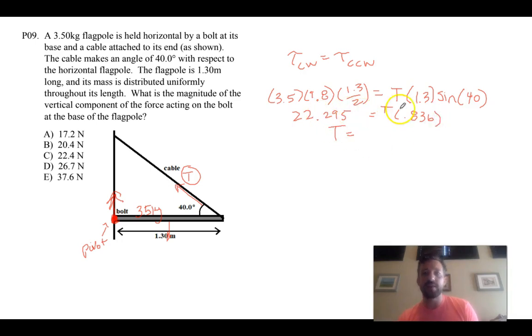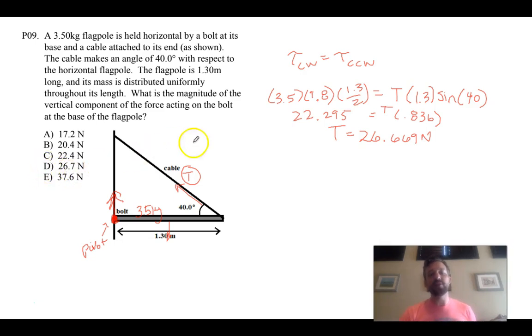So I'm just going to do that divided by the 0.836, and I got the tension in the flagpole. Okay, and the tension comes out to 26.669 newtons.